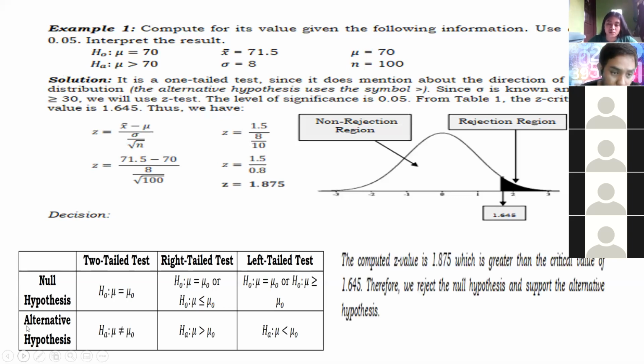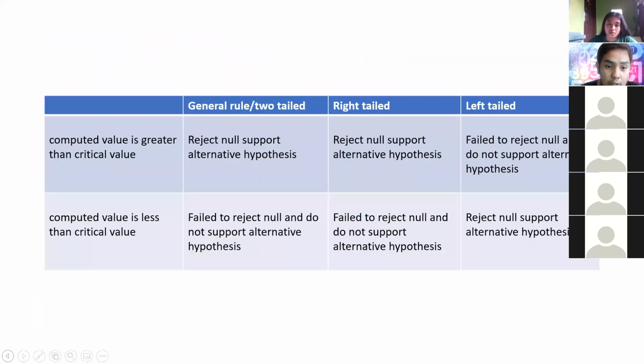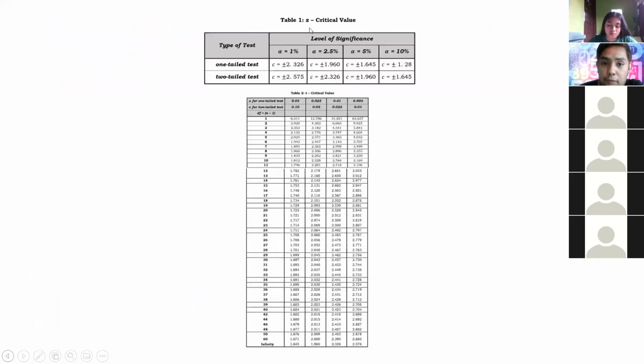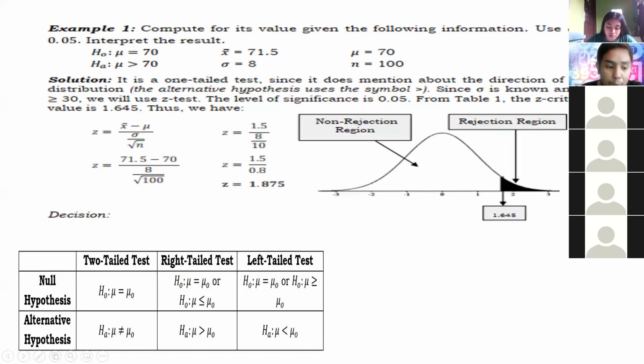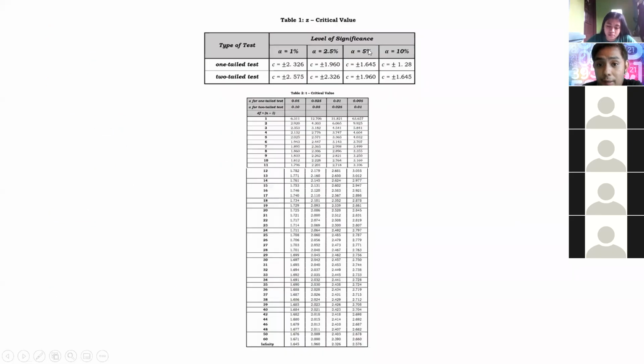Babalik tayo dun sa table. So for z critical value, ito yon: 1%, 2.5%, 5%, and 10%. Ano ibig sabihin nun? Ano ba ang tanong sa atin kanina? That's 0.05. If i-change natin ang 0.05 into percentage, that will be 5%. Ngayon, kung 5% siya, ano siya, one-tailed o two-tailed?